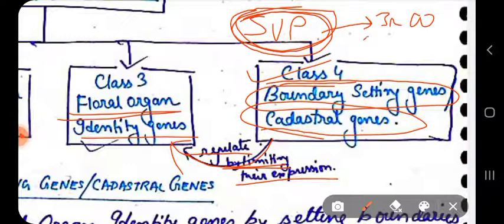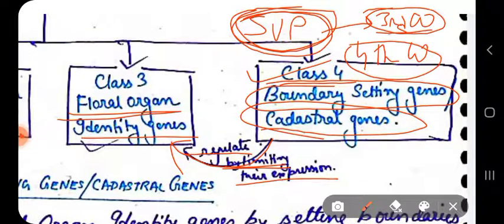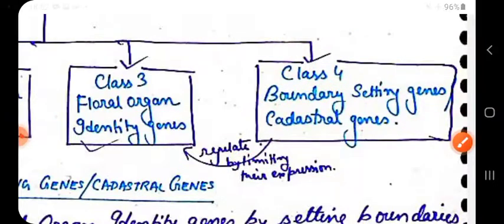third whorl with the fourth whorl. The third whorl bears the male reproductive part, and the fourth whorl represents the female reproductive part. This third whorl and fourth whorl are separated by this Superman gene. So they are limiting the expression of these floral organ identity genes that bear stamens and carpel. In this way they are limiting the expression.